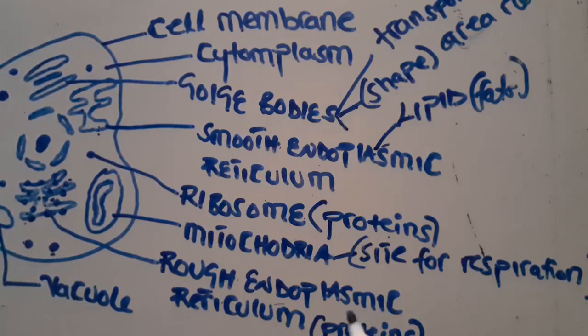And this energy is produced in the mitochondria, the site for respiration. Respiration is the process by which large molecules such as glucose are broken down in order to release energy.